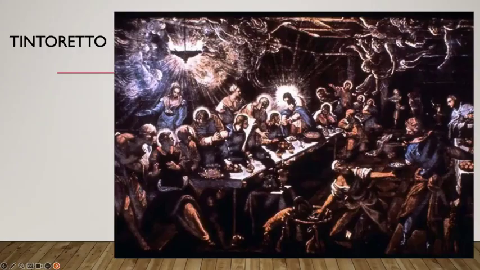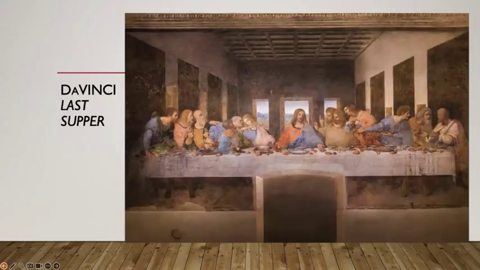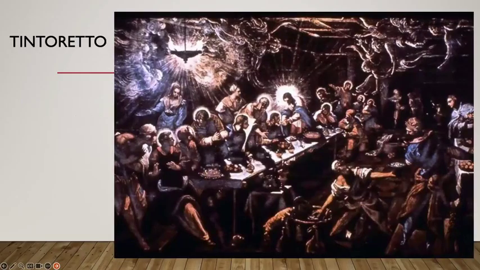This may have been more like the Last Supper was, rather than the serene image of this Last Supper. So this is how distinct Mannerism was from the classical revival. And I'll show you another example of it.